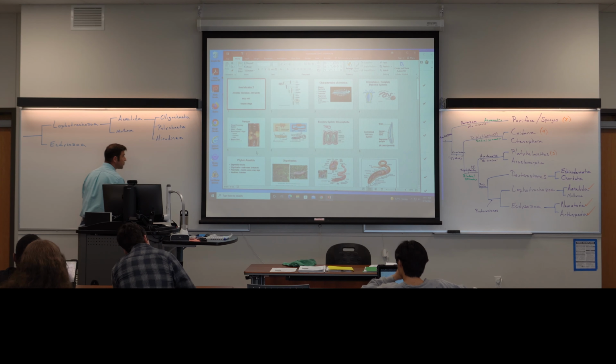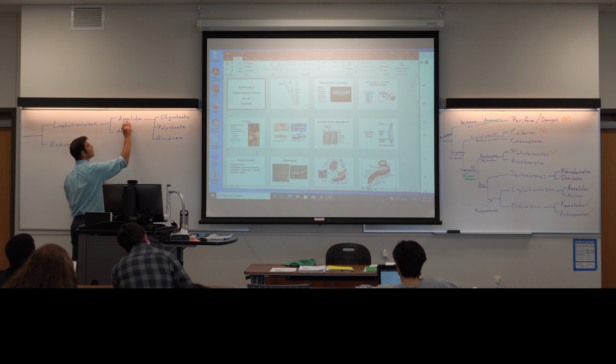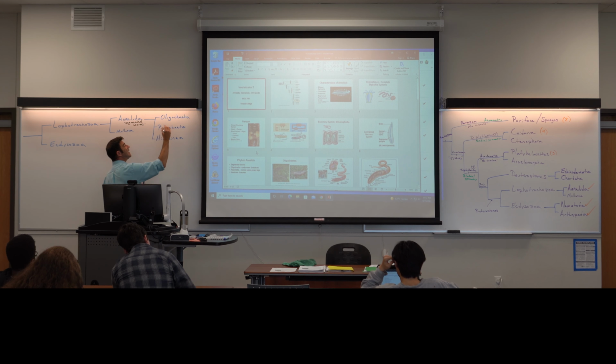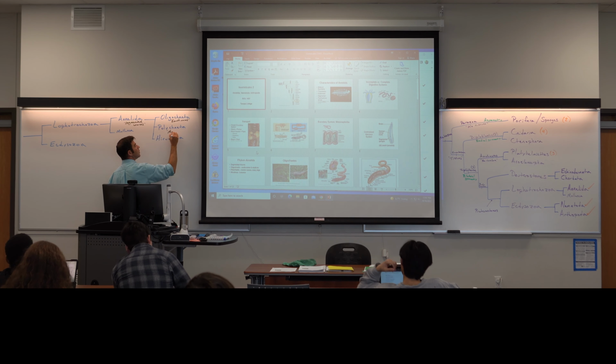Maybe let's put those little descriptive things in here. Annelids, these are segmented worms. And of these segmented worms, there are the oligochaetes. Examples are going to include earthworms. Polychaetes, let's just call these marine worms.